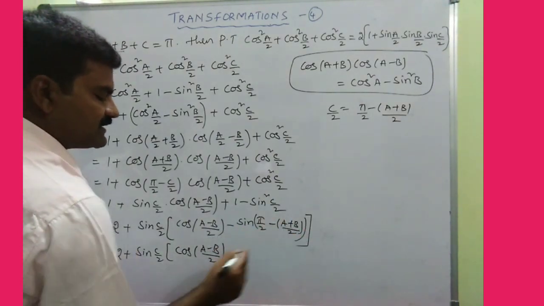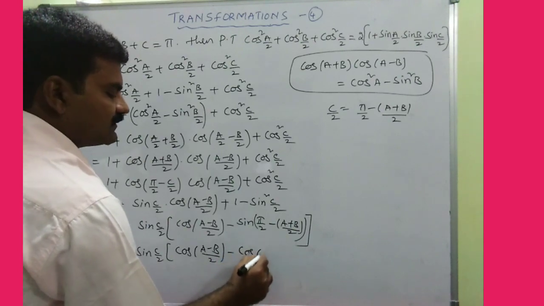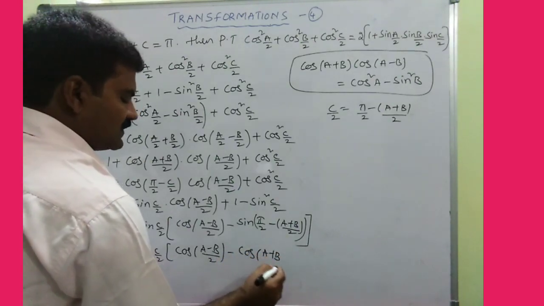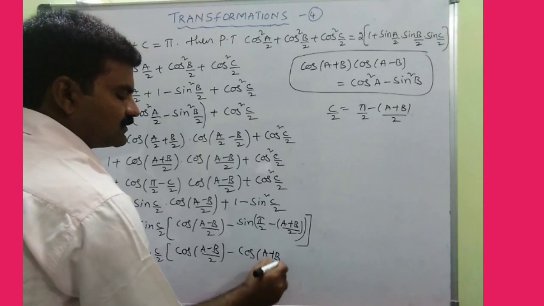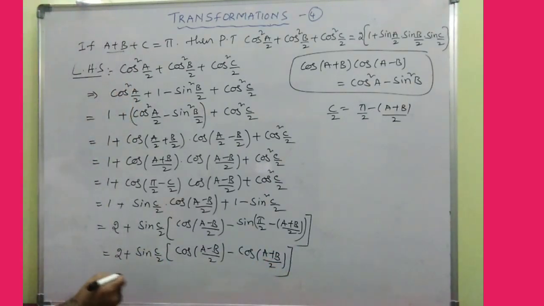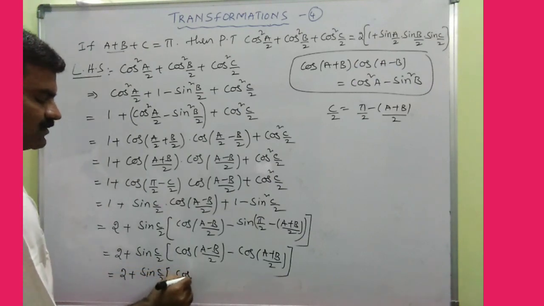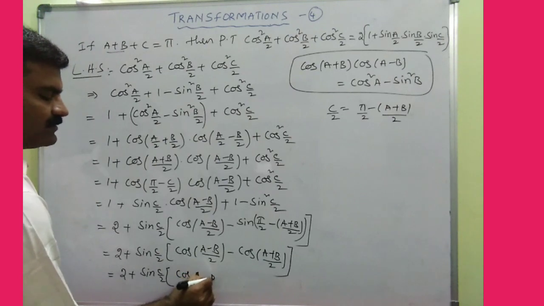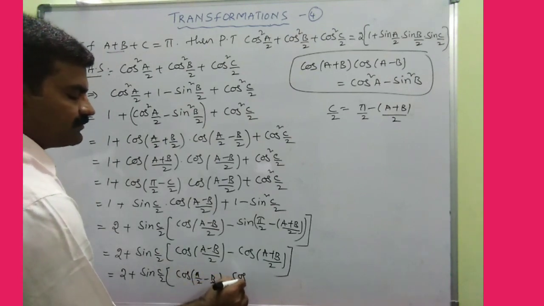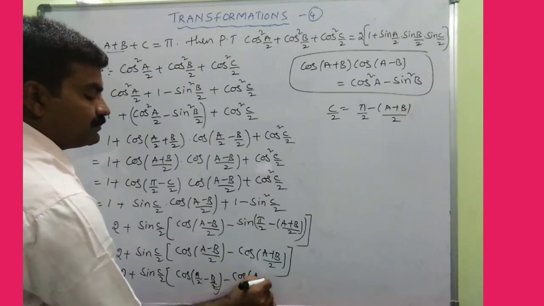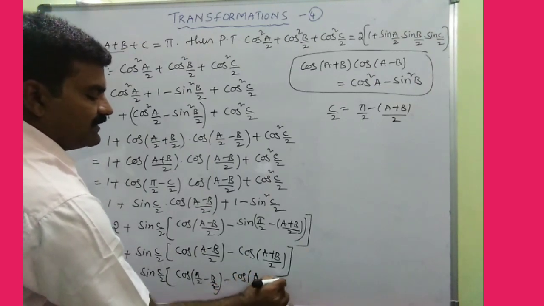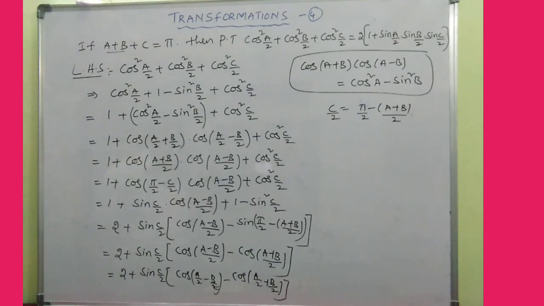Sin of 90 minus theta is cos theta, A plus B by 2. So for our convenience, I just want to write in this manner. What is this? Cos of A by 2 minus B by 2, minus cos of A by 2 plus B by 2.